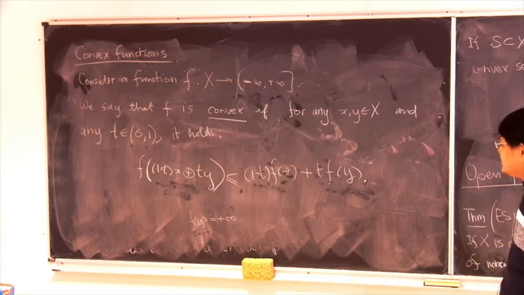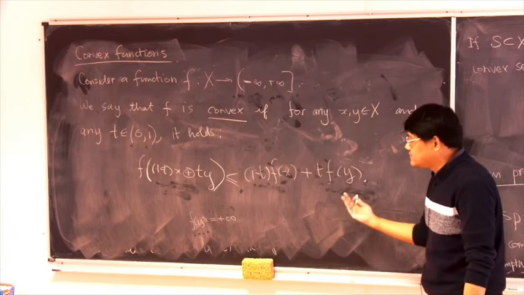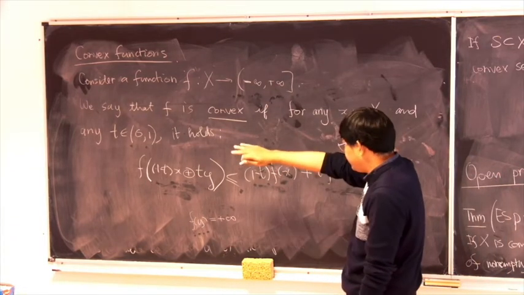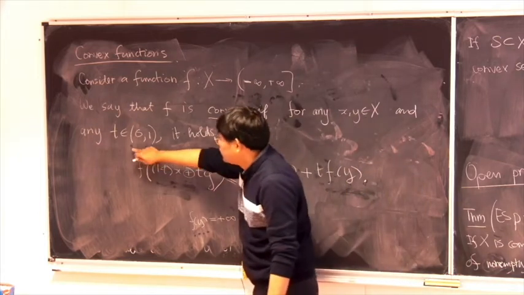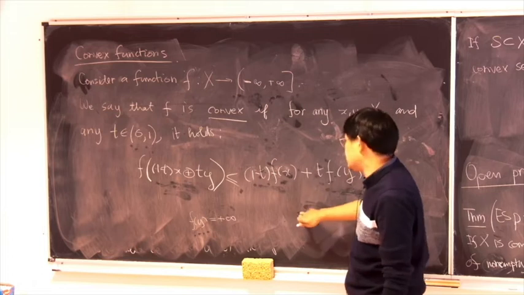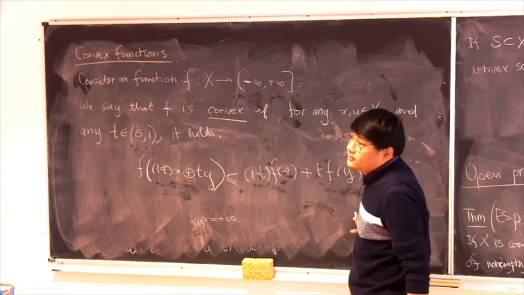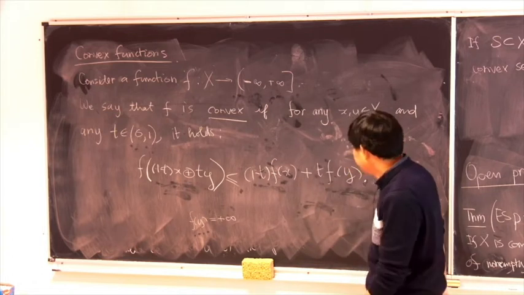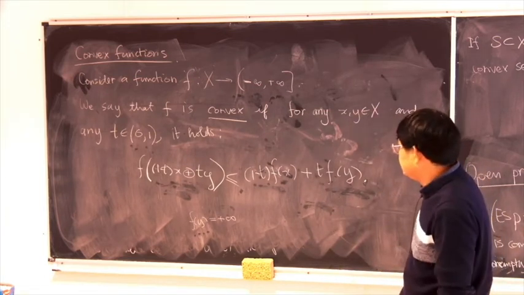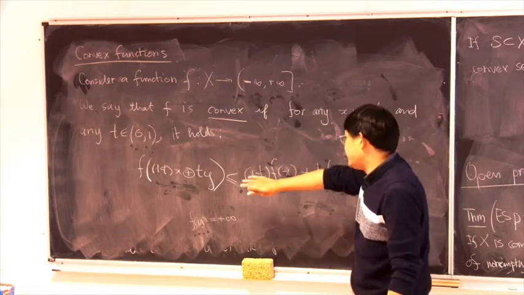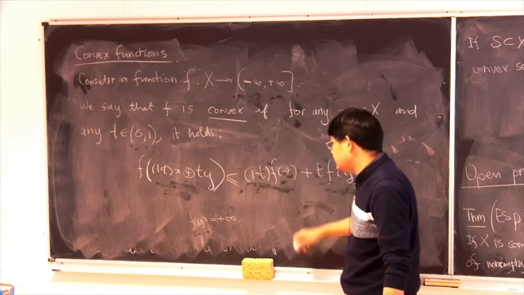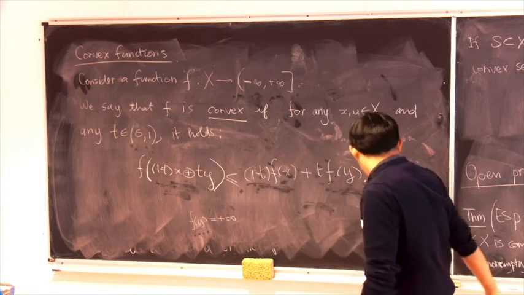So excluding 0 and 1 does not hurt, because that's the obvious case. I prefer to leave it this way. And if you include them, you have to make a convention that 0 times plus infinity is whatever you like, 0 or plus infinity. When t equals 1, it also happens here, because this can be 0 and this can be plus infinity. So we exclude them.